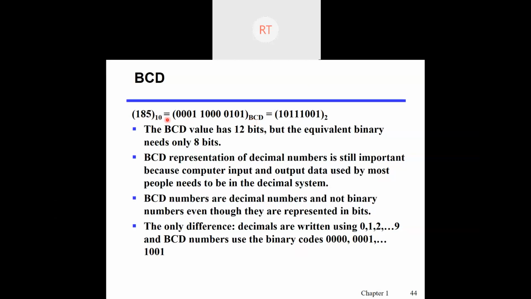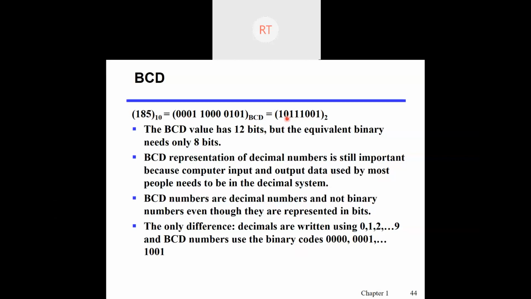Okay? What we are doing now, I got BCD. How many digits did I have to represent it? 12 bits. But the equivalent binary to represent the 185 in binary, by keep dividing 185 by 2 and you get the answer, or you find the biggest power of 2, it's the same. This is the 185. So 2 to the 0, 2 to the 1, 2 to the 2, 2 to the 3, you got the idea?